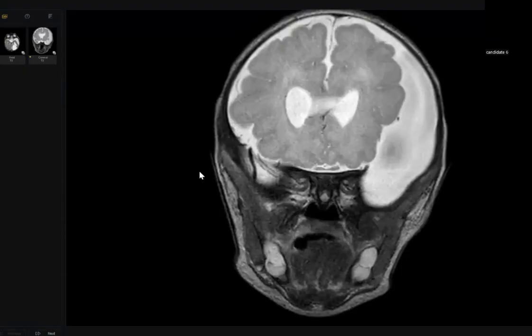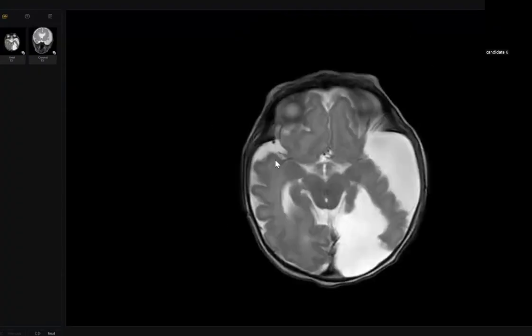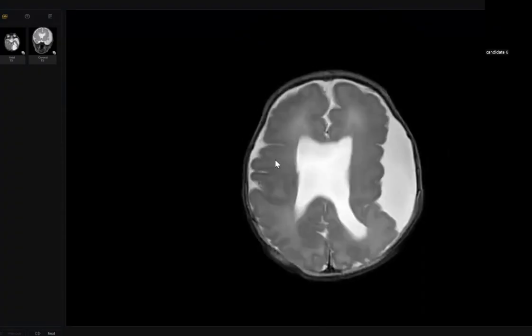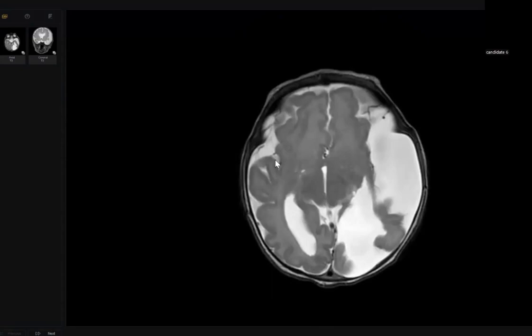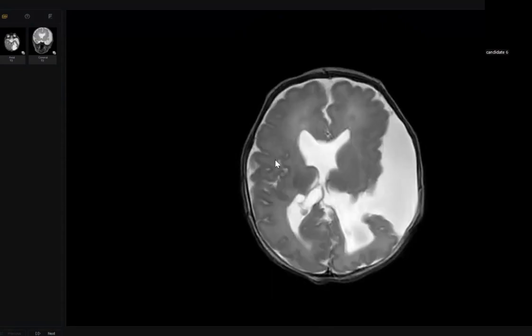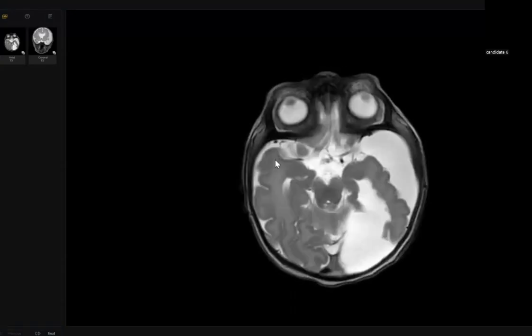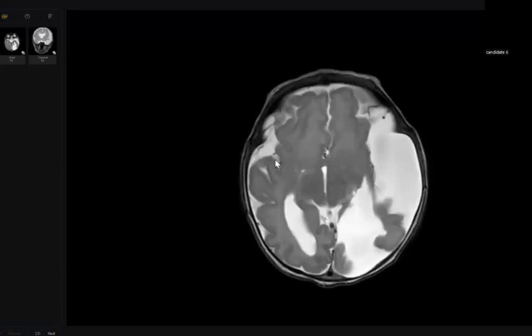So given the absence of the septum pellucidum and the hypoplastic optic nerves and optic chiasm, my primary differential is septo-optic dysplasia in this patient. I would inform my findings to the referring physician. Okay, what else? I can also see the abnormal communication with the lateral ventricles. So this is a patient with schizencephaly, because I can see that the gray matter is clearly lined adjacent to the connection.